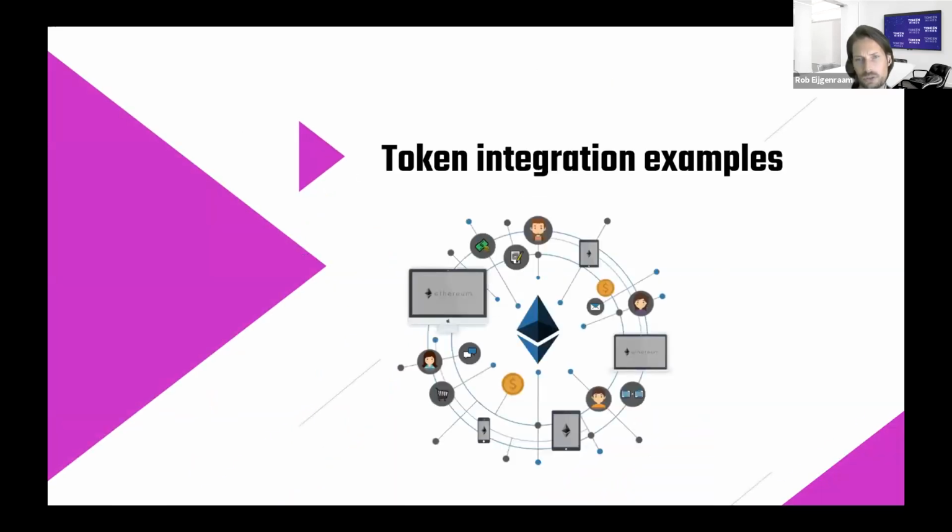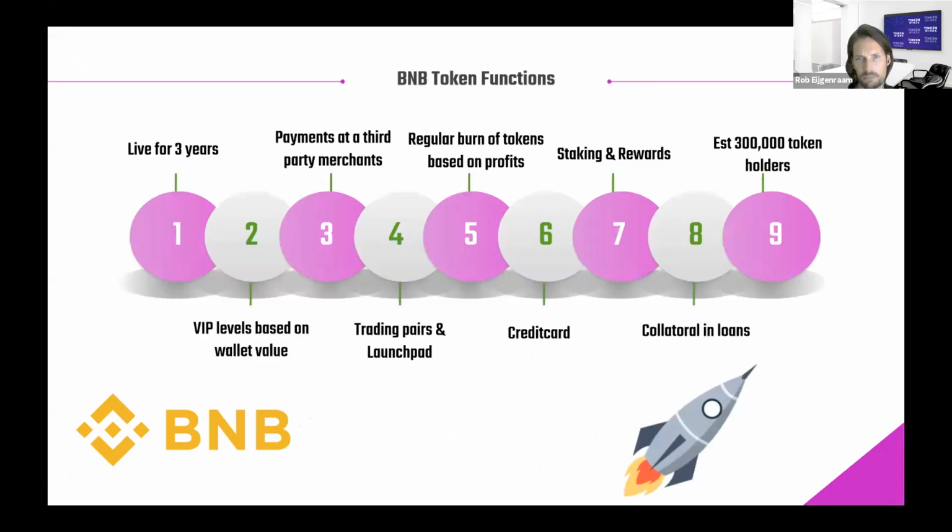Integration examples. BNB token, which is one of the most valuable tokens, highest market cap in the utility token sector. It's already live for around 3 years. It provides payments as a utility, and it provides also a loyalty type of system where people that are holding the token in a certain balance in their wallet get certain VIP levels, which correspond to specific discounts and benefits on their platform.